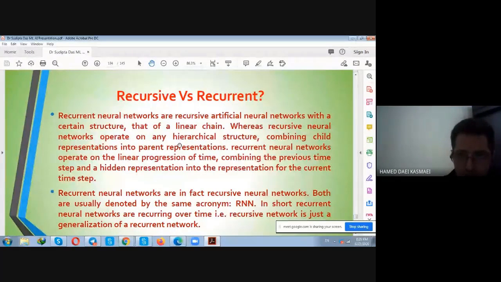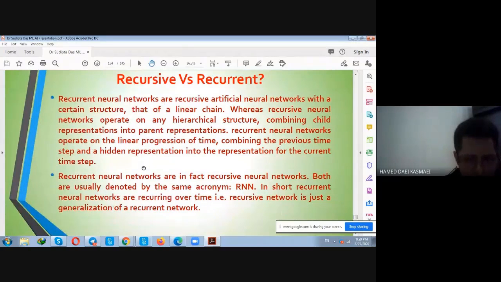So recurrent neural networks operate on the linear progression of time, combining the previous time step and the hidden representation into the representation for the current time step. And recurrent neural networks are in fact recursive neural networks. Also, both are usually denoted by the same acronym, RNN, okay?